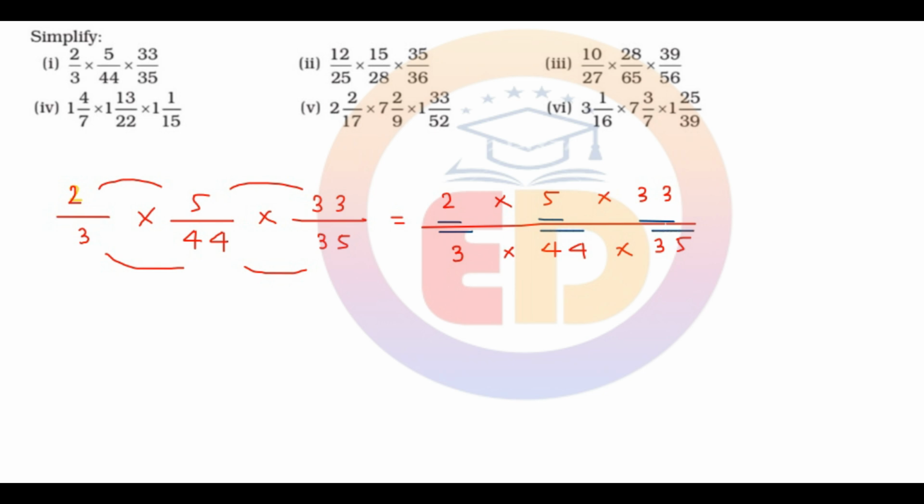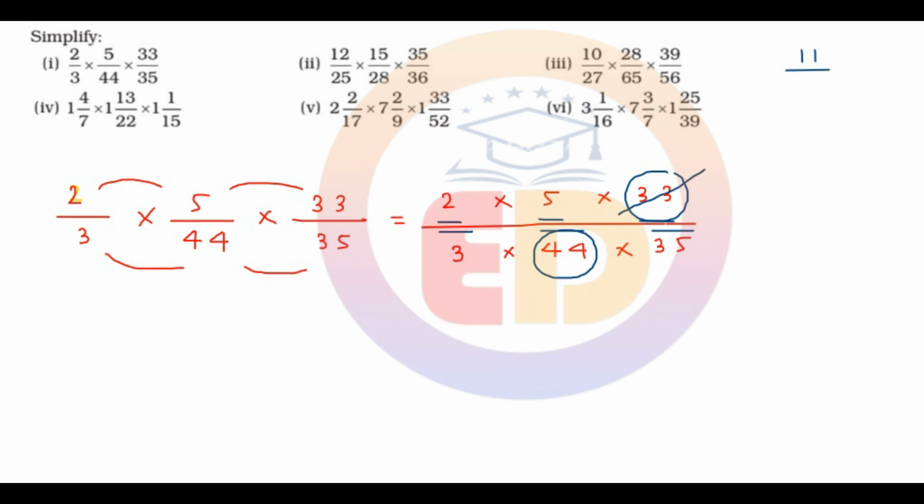Now on a closer look, I look at two numbers. One is numerators 33 and the denominators 44. Remember, both 33 and 44 are divisible by 11. So I will divide them by 11. This is called simplifying the terms of a fraction. Divide both of them by 11.